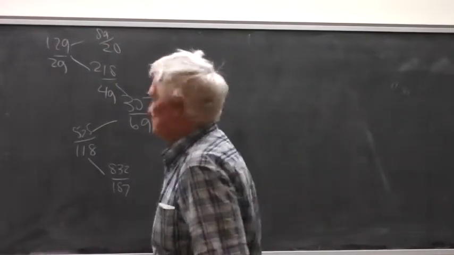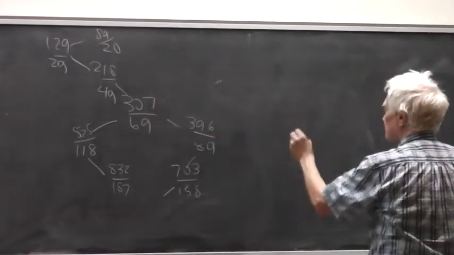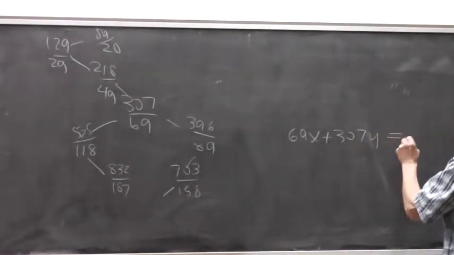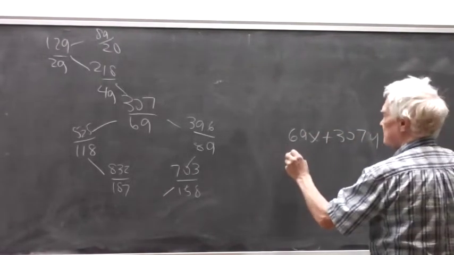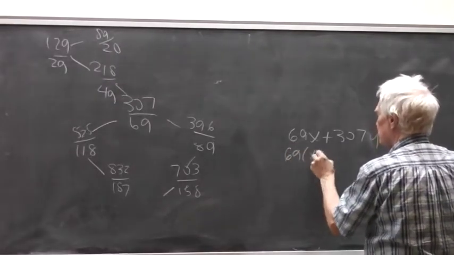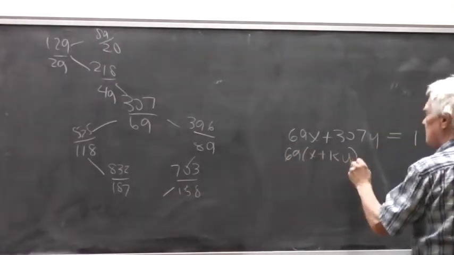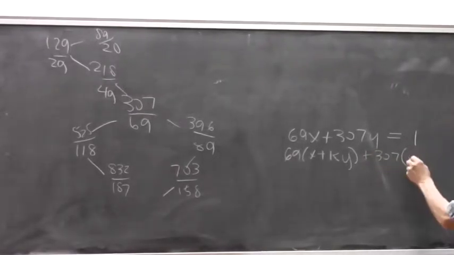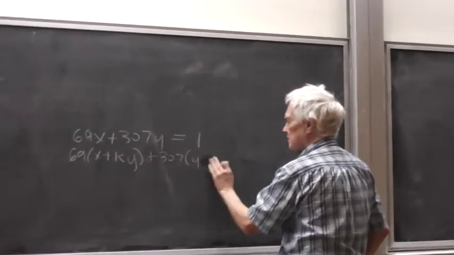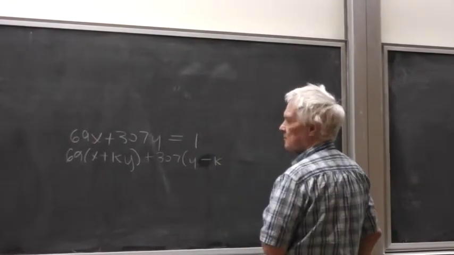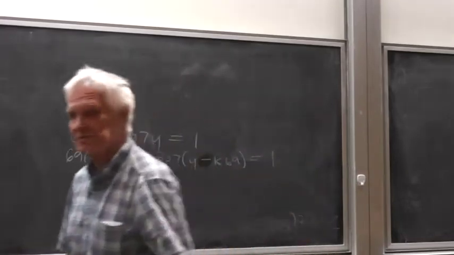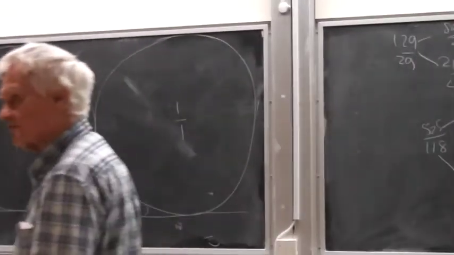You know what the elements look like. In other words, if I'm looking for this, then all the other ones, that's all the other ones, obviously, for any k, positive or negative.